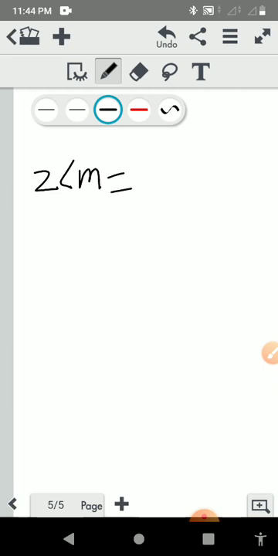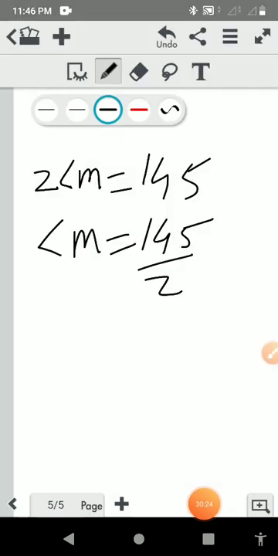If I subtract 180 minus 35, I get 145. Therefore angle M can be written as 145 divided by 2.